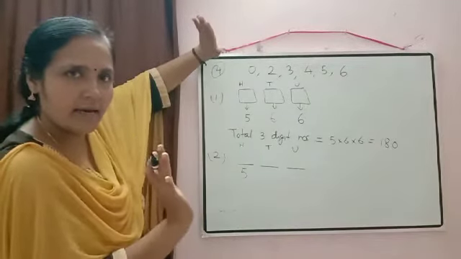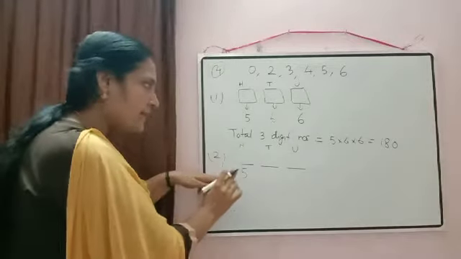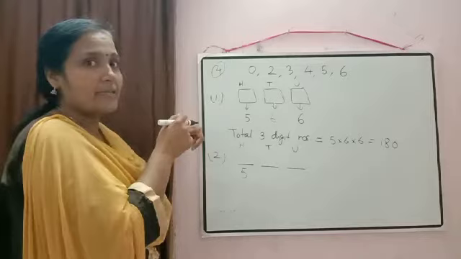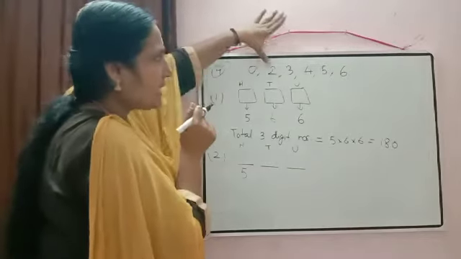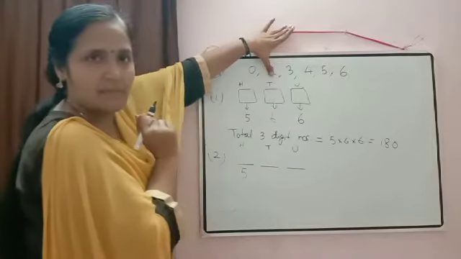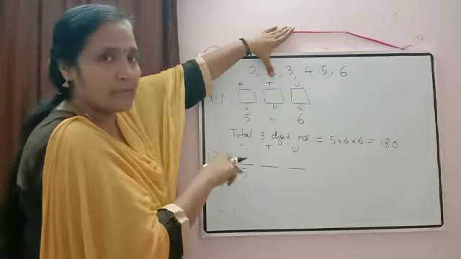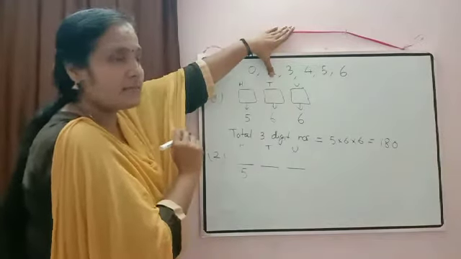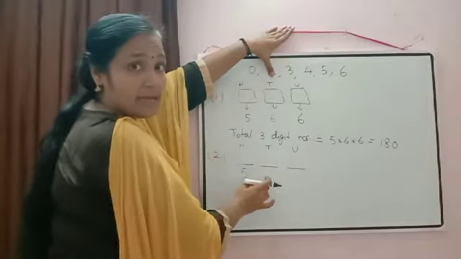Correct? Clear? Now when we say the hundreds place can be filled in 5 ways, it means we filled that place with a number. So suppose I selected 2 there. Now 2 cannot come again. What are the options available for the tens place? Now 0 can come in the tens place.